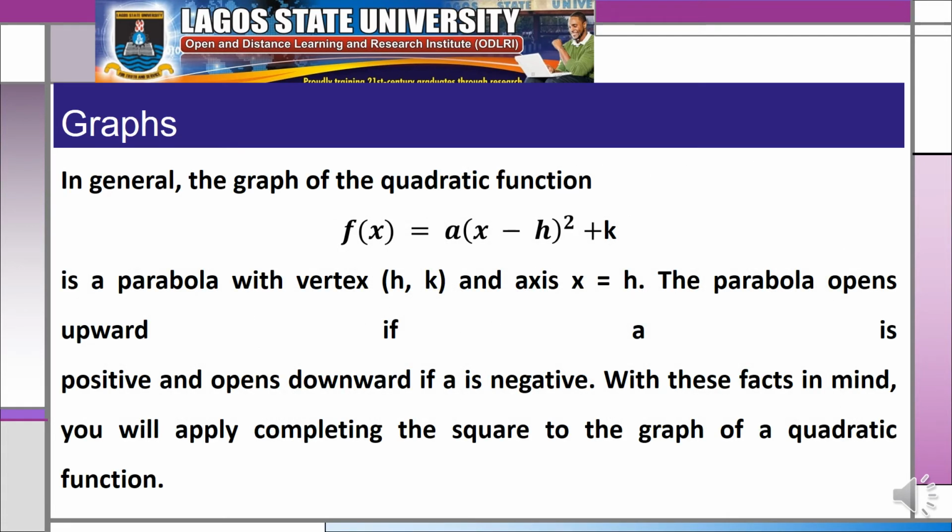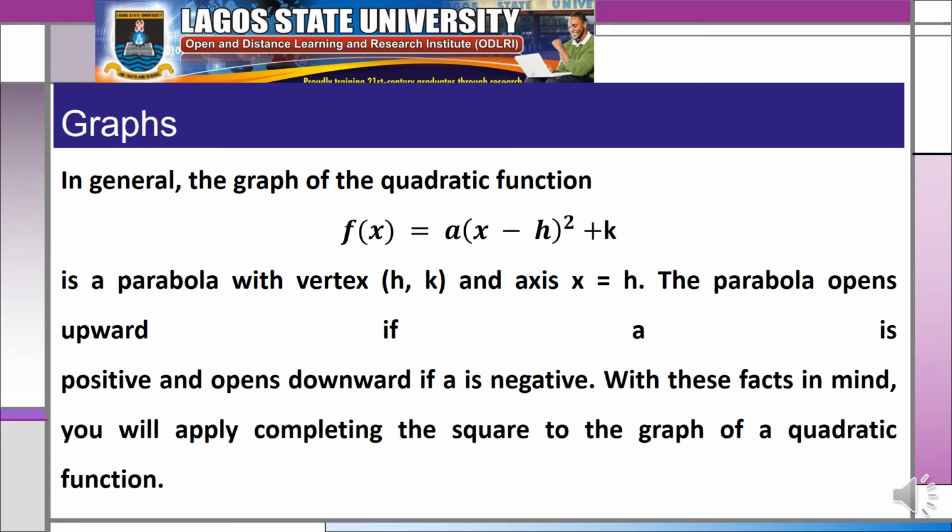In general, the graph of the quadratic function f of x equals a times (x minus h) squared plus k is a parabola with vertex (h, k) and axis x equals h. The parabola opens upward if a is positive and opens downward if a is negative.